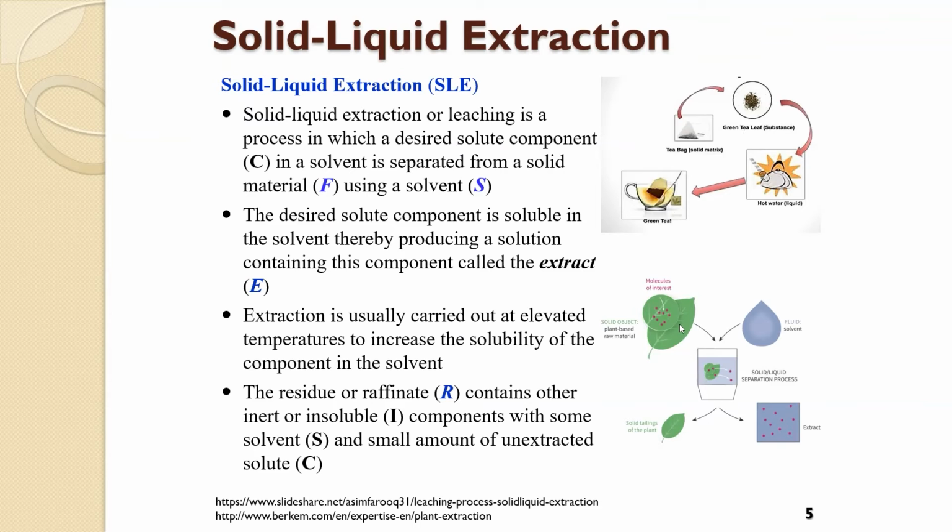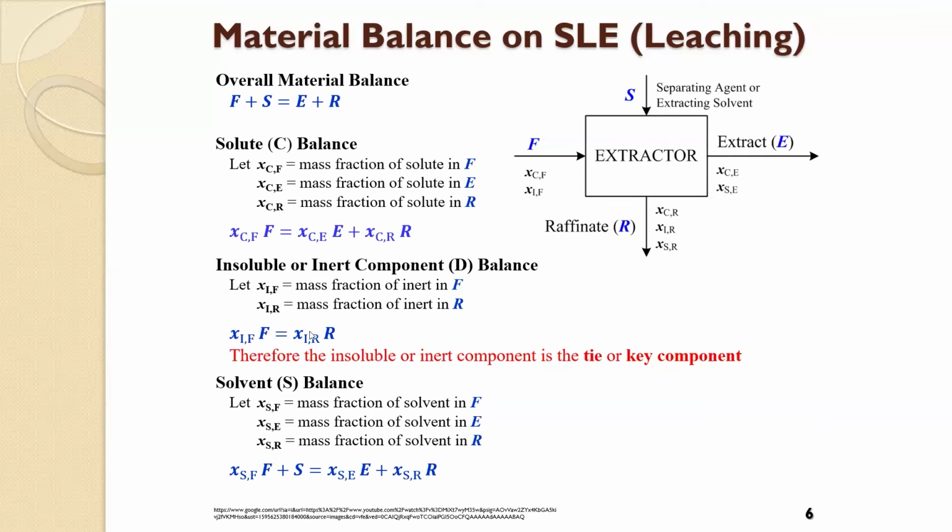Just like this one, the leaf itself is still a leaf. So it's found in the residue only. Therefore, the insoluble or inert component is what you call the tie, or the key component. And of course, you can do the solvent balance.